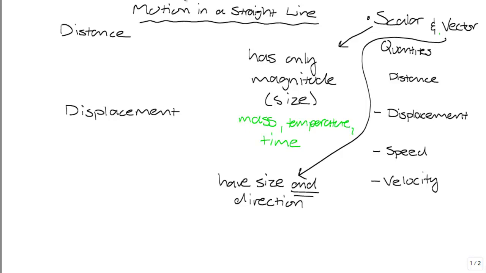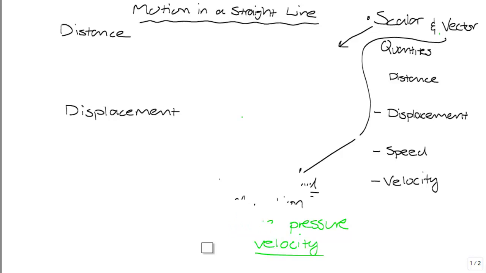Examples of these vectors, which have both size and direction, are force, pressure, and velocity. So you need to know that scalars only have magnitude or size, while vectors have both size and direction.